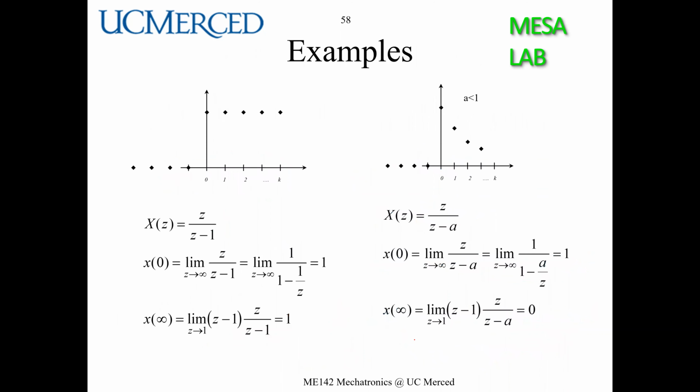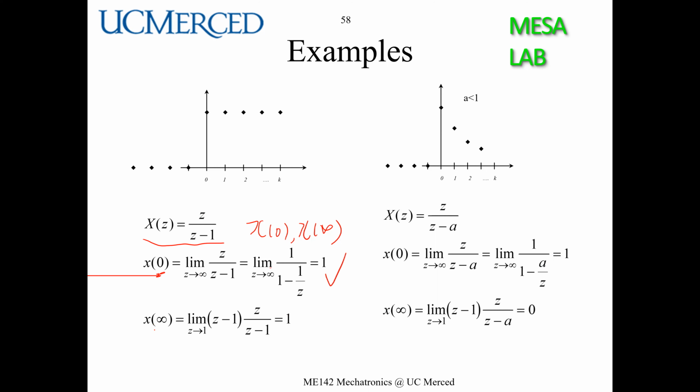So let's do a verification. Remember, we did the derivation, X(z) is this one. I want to understand what's the x0, x infinity. So x0, the initial value: you send z to infinity, so this is 1.